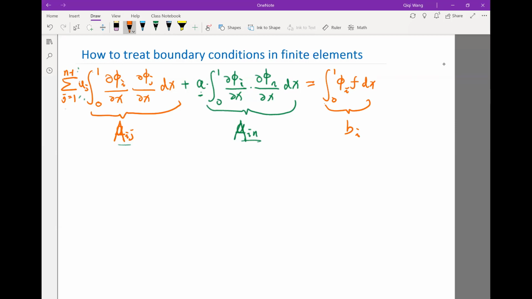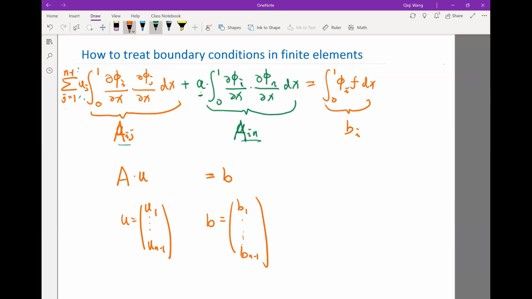So instead of a linear system A times u, where u is the collection of all the unknowns from u1 to un minus 1, instead of Au equal to b, where b is our collection of right-hand sides, we have Au plus something equal to b. And this something is my right boundary condition times A, let me write it as a times A dot n.